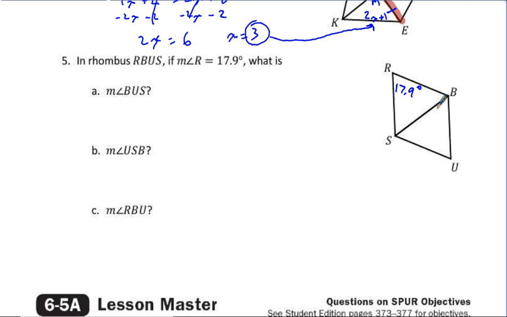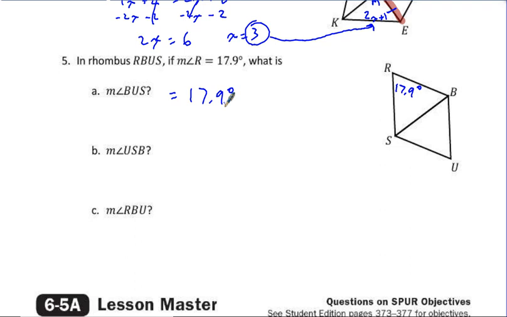They're just like the symmetry lines in a kite, where they would also be perpendicular bisectors of each other, the diagonals in a rhombus. So here we're just looking at segment BS as the symmetry line, which would mean that if angle R is 17.9 degrees, angle U is going to be the same, because this symmetry line cut the rhombus in half, and therefore angle BUS, its measure is also 17.9 degrees.